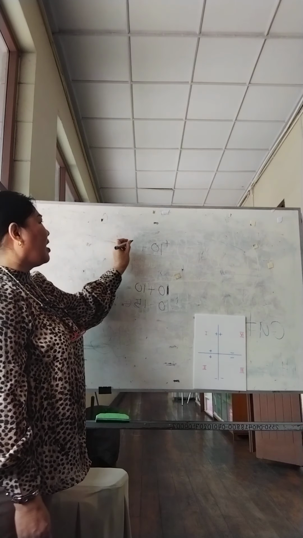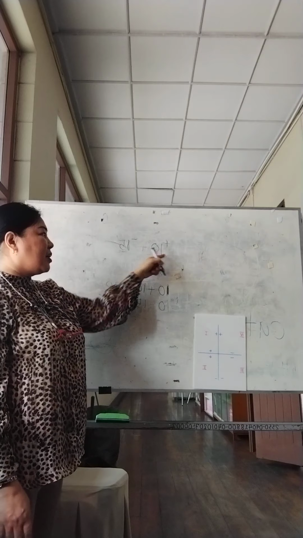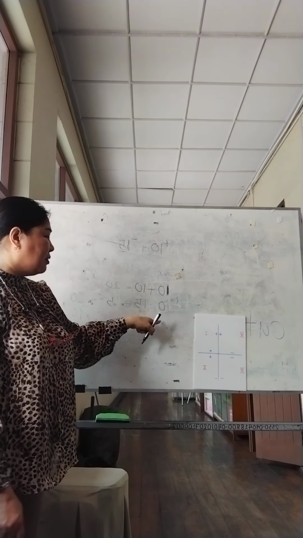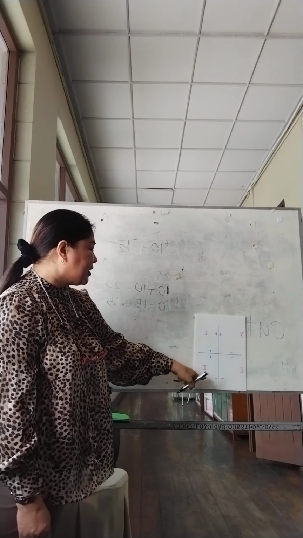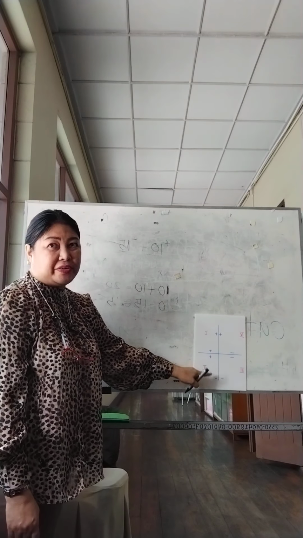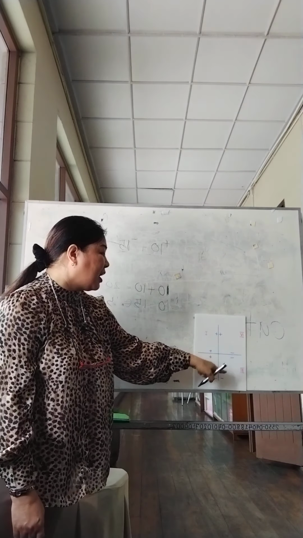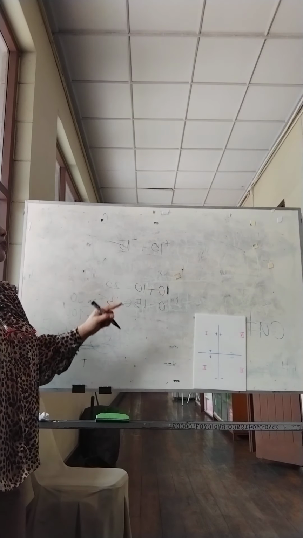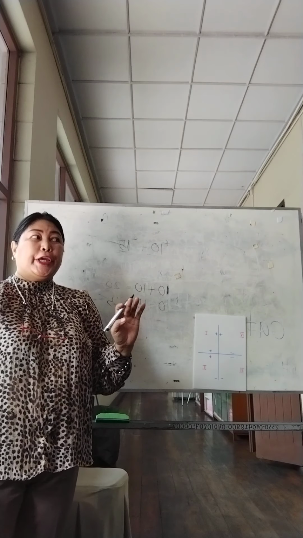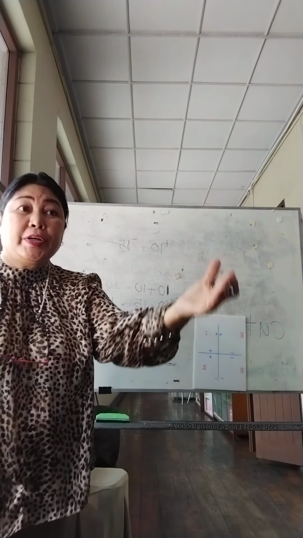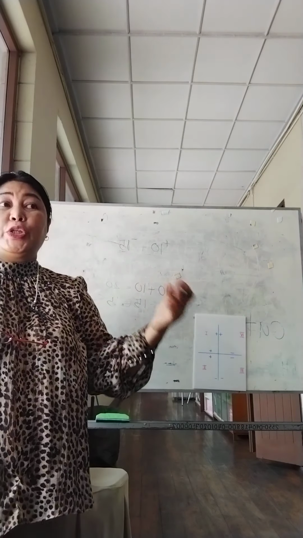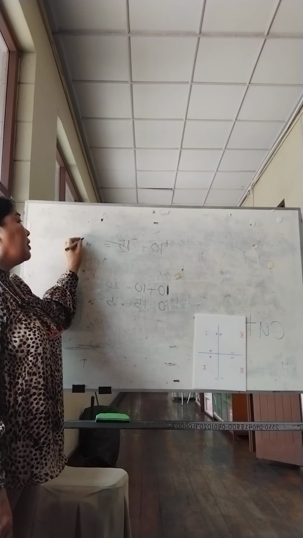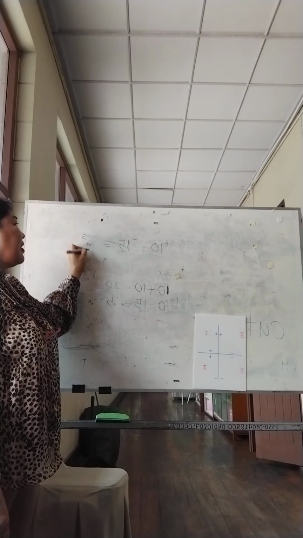Okay, so now what are the rules of this? We have to follow the negative, quadrant 4 and quadrant 2. The rule here is, if the higher number uses a negative sign, you have to follow the negative sign.